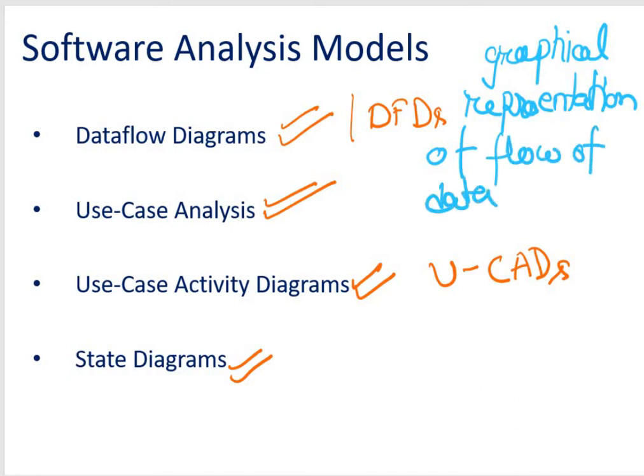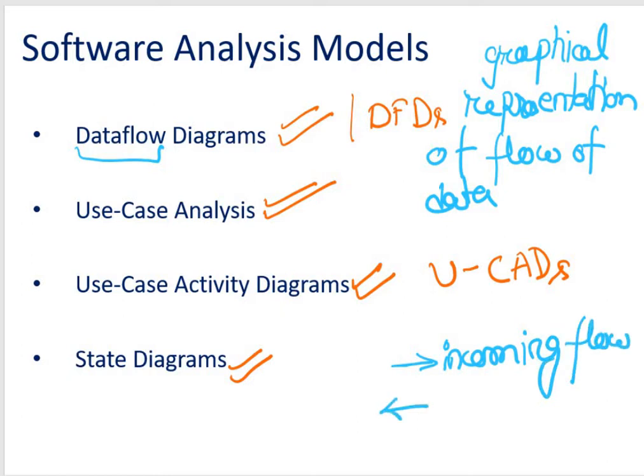Right, from the name itself you might have got some idea that data flow means graphical representation of flow of data. And what kind of flow? It would be either the incoming flow or the outgoing flow.